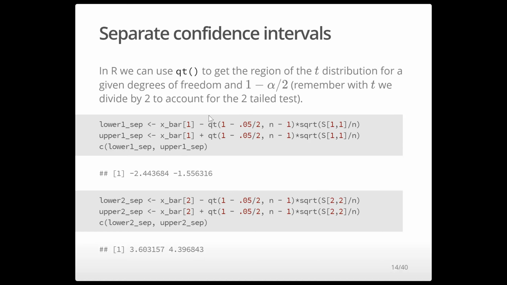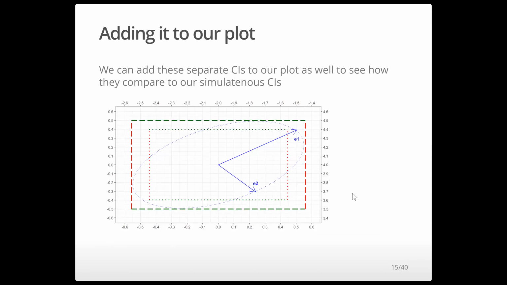And again, I just take plus or minus my mean multiplied by the square root of the variance divided by the sample size. So here we get our two separate confidence intervals where if we just treated each variable completely separately, I can add these to our plot and see how they compare to our simultaneous confidence intervals.